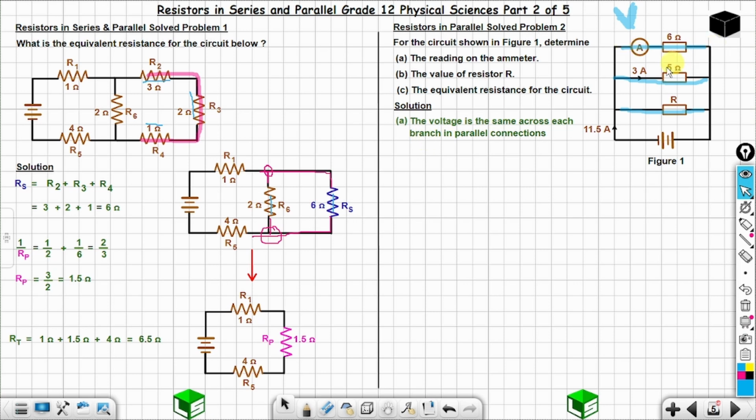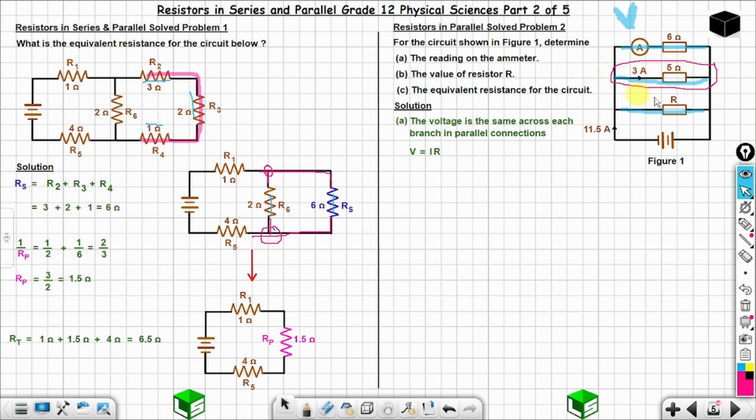You need this formula. You need the current and the resistance. Can you see, on this branch, you have enough information to find V, which is the same across each branch.